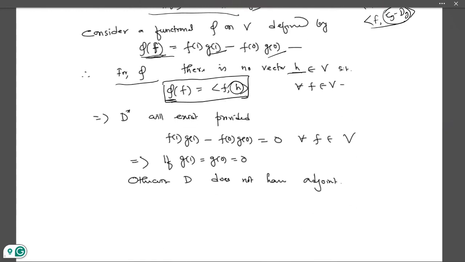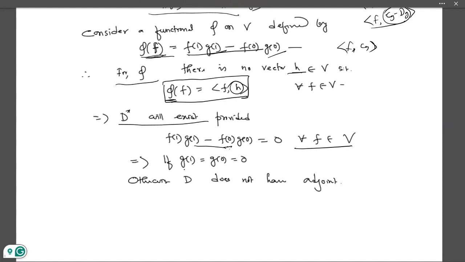So better it should be 0, because we cannot write this part as the inner product of f with cg. But when it is 0, this star will exist. So this should be 0 for every f. You can take f equal to constant 1 or minus 1, or f at 0 equal to 2 and at 1 equal to 3, different choices of f giving different values of f of 1 and f of 0.